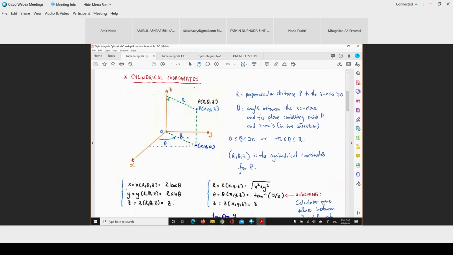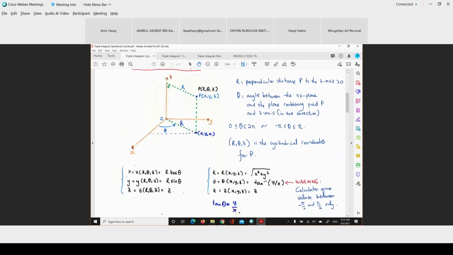Sometimes the small letter r is used instead of capital R. Because you see here on the xy plane, capital R may also be viewed as a small r. In polar coordinates, we use a small r. So we can also use small r instead of capital R in the cylindrical coordinate system.